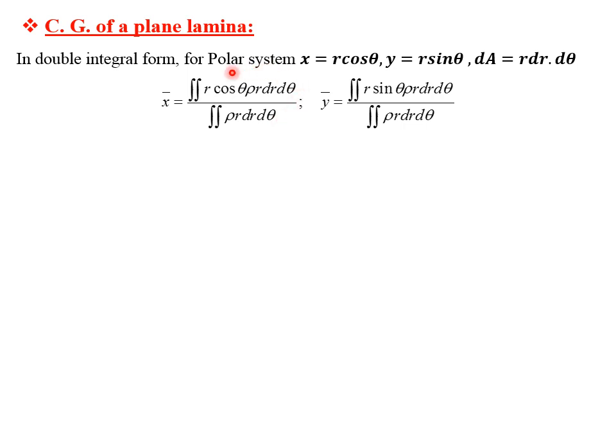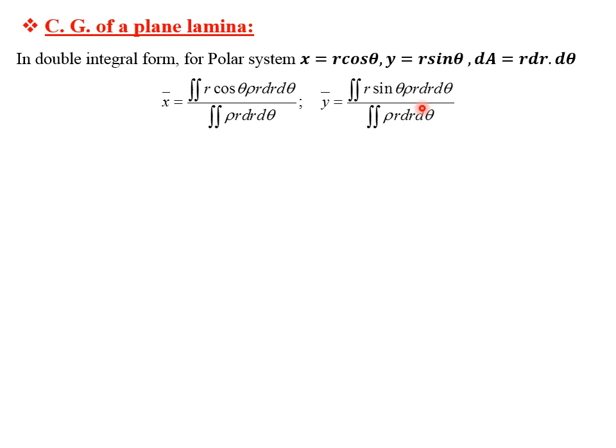So this is the formula for x bar, and y bar is equal to double integration r sin theta rho r dr d theta whole divided by double integration rho r dr d theta. So these formulae give us the coordinates of the CG of a plane lamina in polar form.